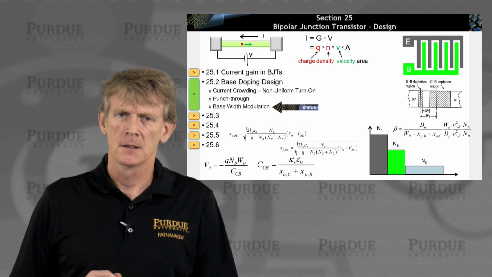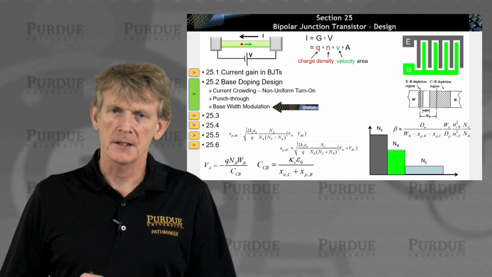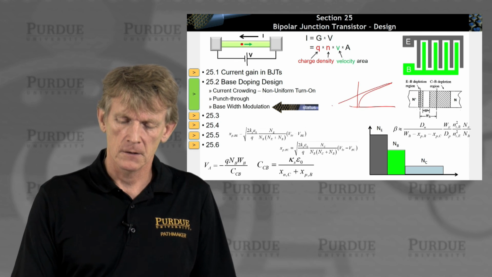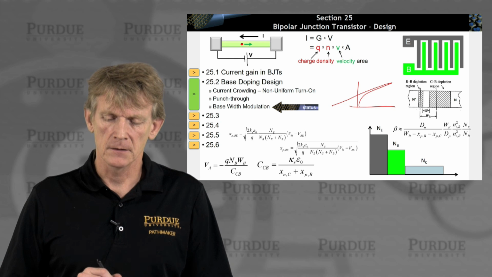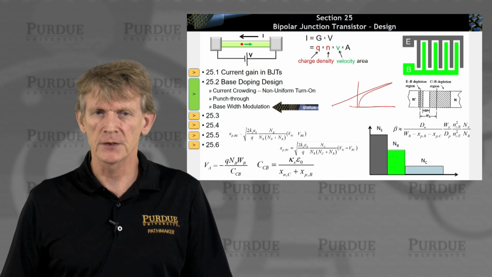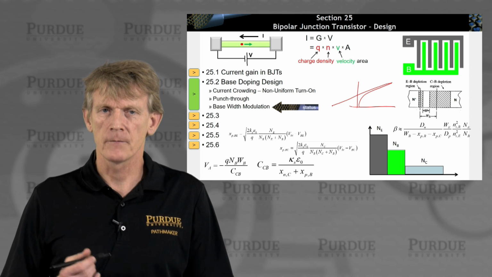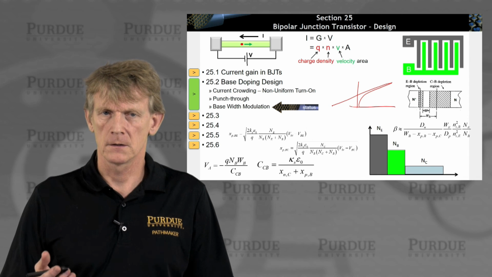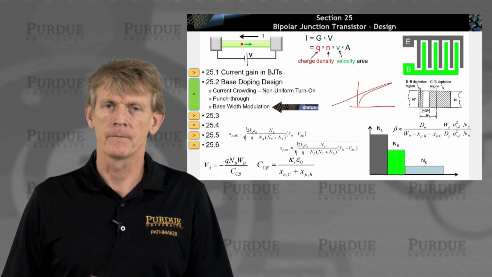All right. So we just talked about base width modulation with the early effect, or early voltage. And reducing the base doping makes this early voltage small and makes this transistor non-ideal.